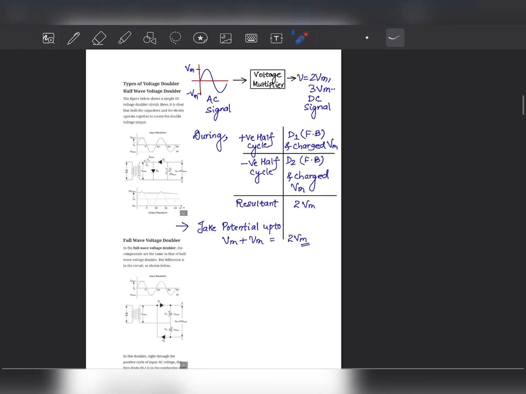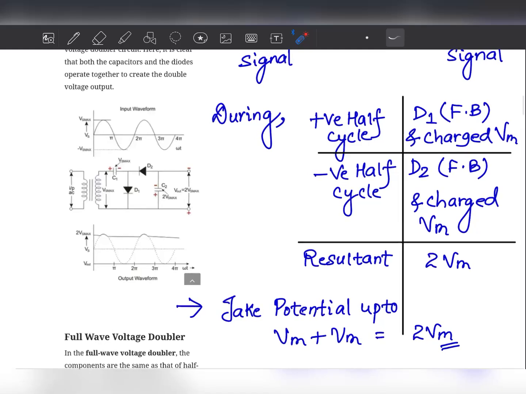Let's understand how it's working. Suppose we are giving the AC cycle, with two halves, positive and negative. In the positive half cycle, D1 will act as forward bias, because the positive side is connected with the positive side and the negative is connected to the negative side.